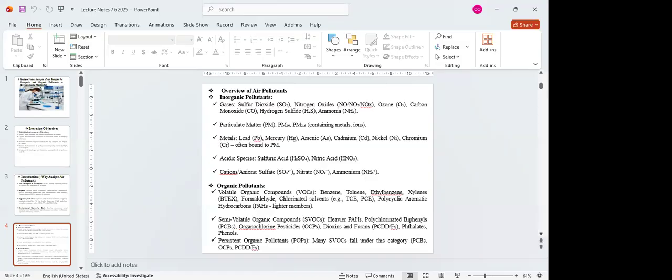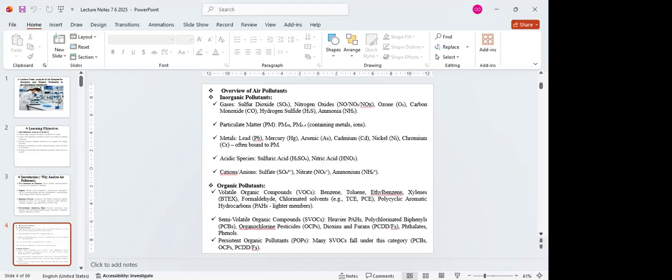Now, like I mentioned before, we have our inorganic pollutants, which we have categorized under the gases, the particulate matter, that is solids, the metals, the acid species, the cations. For the gases, we have, as mentioned before, the sulfur dioxide, the nitrogen oxides, that's NO2 and NOx.